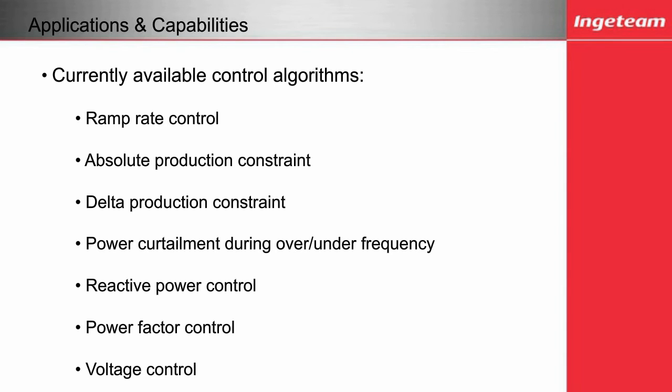I did talk about ramp rate control. Also available is that reduction or movement of the absolute power up and down of the entire plant, changing production as the utility might want to take advantage of. You have over or under frequency, you have the capabilities to measure that and curtail the active power on the grid system.